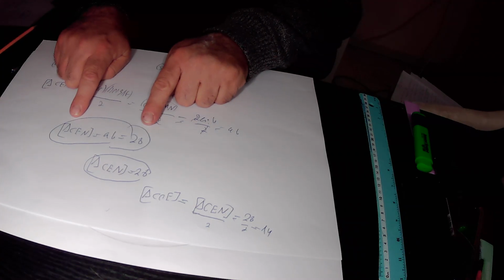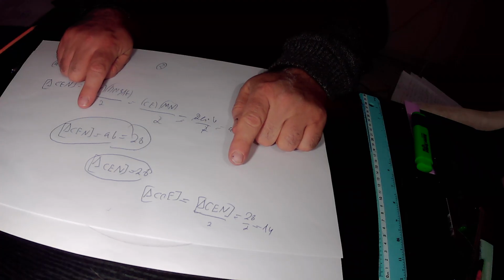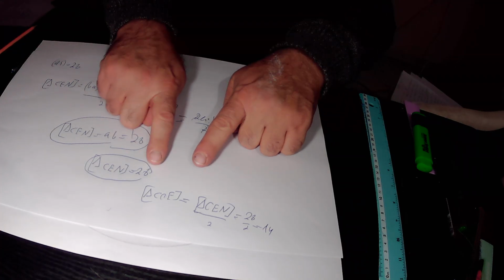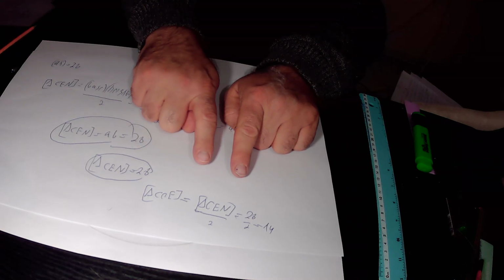Those two sides of the equation are equal to each other. But we already found that the area of the great triangle COE is half the area of the big triangle CN.